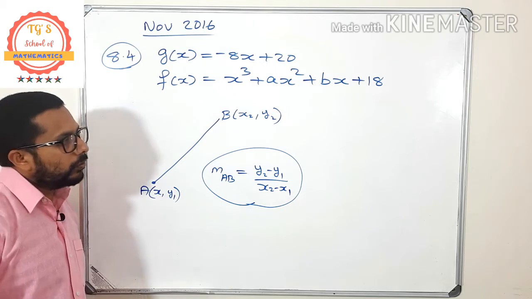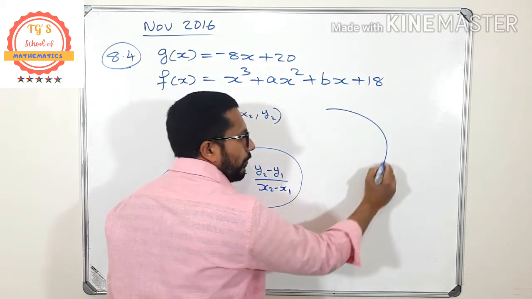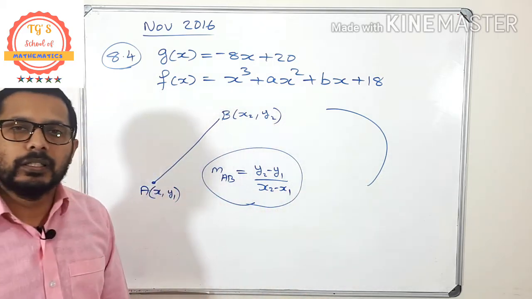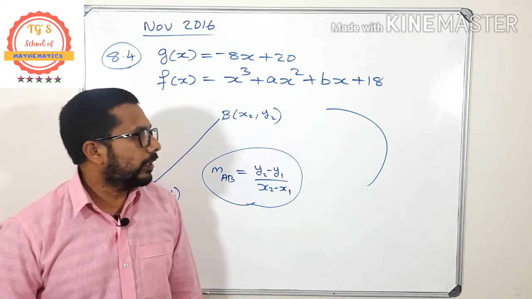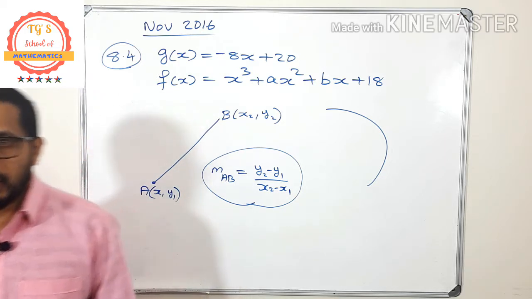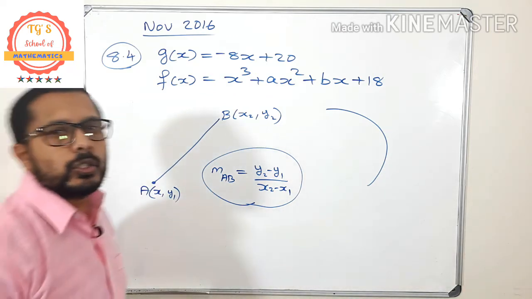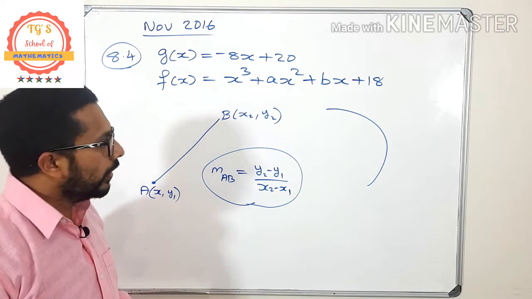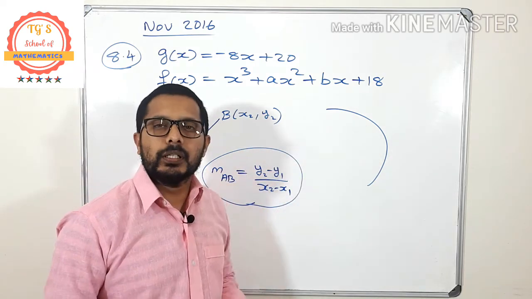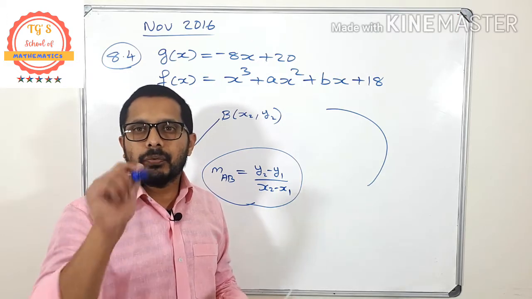Now if it is a curve like this, how can we find the gradient of that curve? Actually, what is the meaning of gradient? Gradient means slope. In the case of a curve, the slope is different at different points.